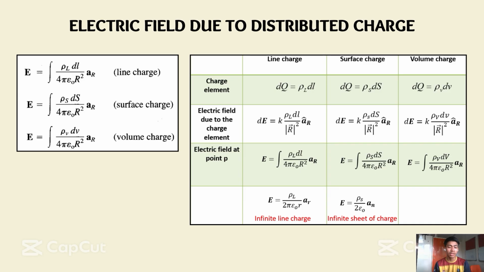Volume charge, E equals the integral of rho V dV over 4 pi epsilon naught R squared, times the unit vector aR. So this is the formula that we will use for line charge, surface charge, and volume charge. For a charge element, this is the electric field due to the charge element at point P.